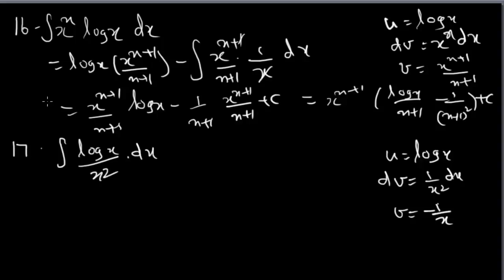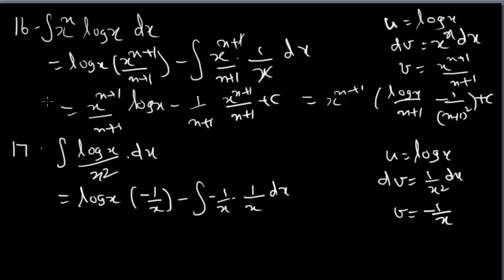Minus 1 by x. So, uv is log x into minus 1 by x minus integral v, minus 1 by x, into du. Differentiation of log x is 1 by x into dx. So, minus log x by x minus minus plus 1 by x squared.